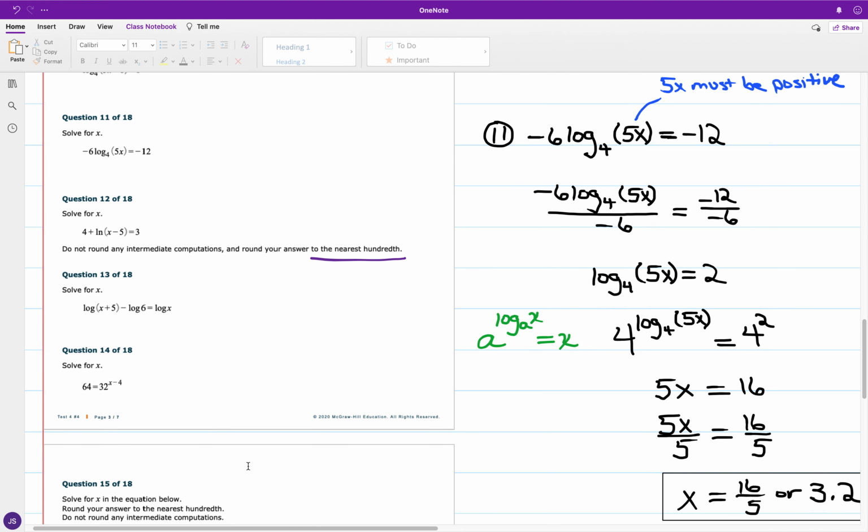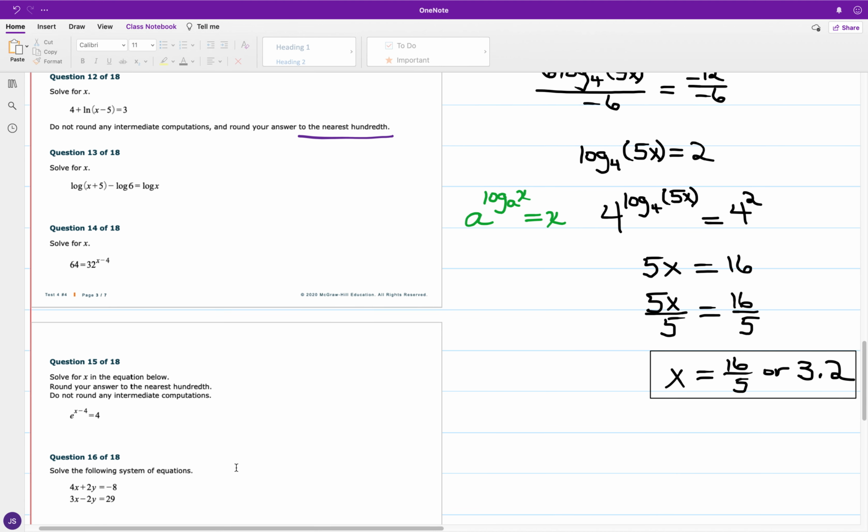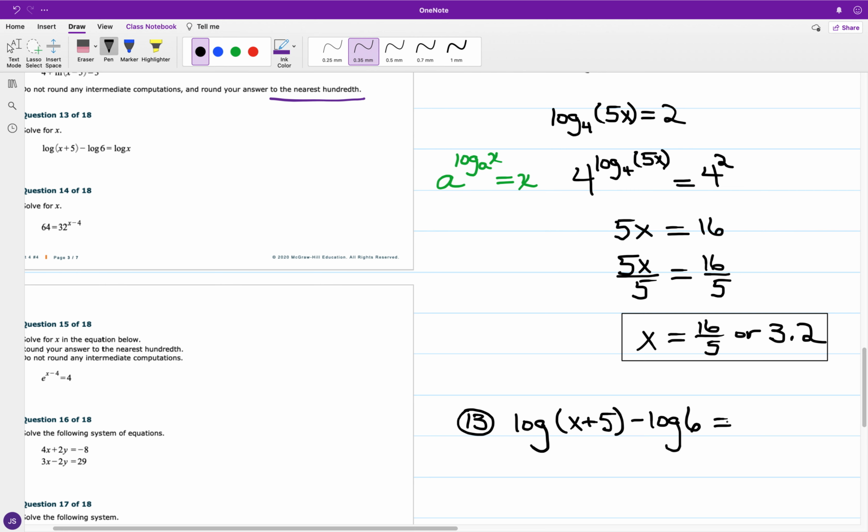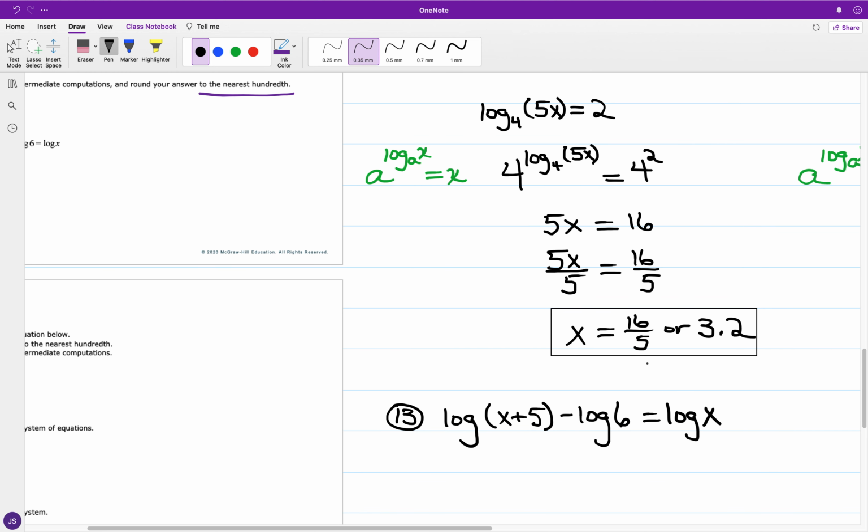We have the base 10 logarithm of the quantity x plus 5, minus the base 10 logarithm of 6, is equal to the base 10 logarithm of x.